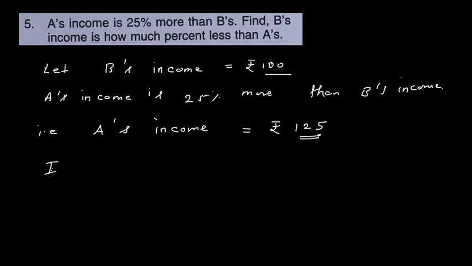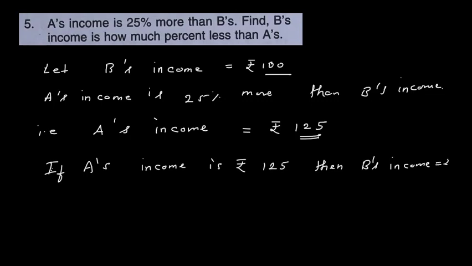If A's income is rupees 125, then B's income is rupees 100.